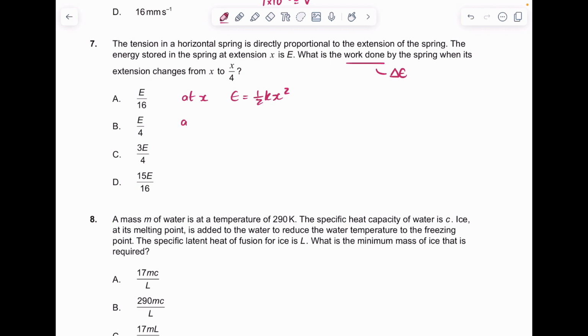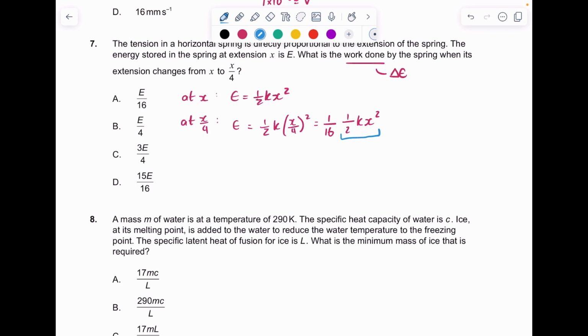When it is at x over 4, the energy stored is a half k x over 4 all squared, and that is 1 over 16 of a half k x squared, and this is our original amount of energy stored at x.